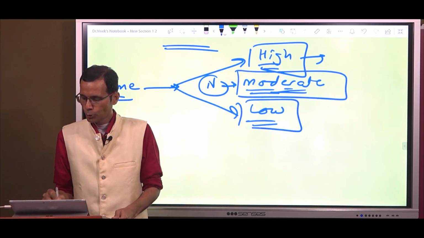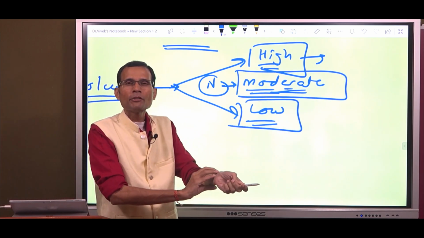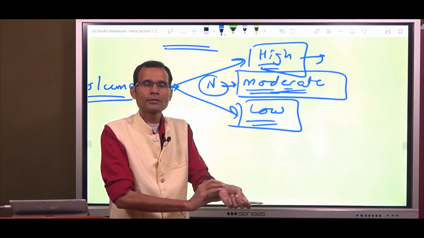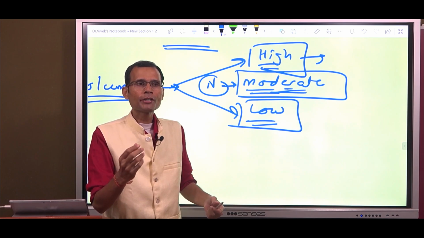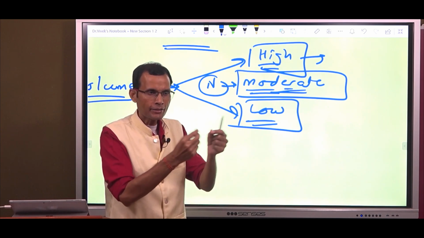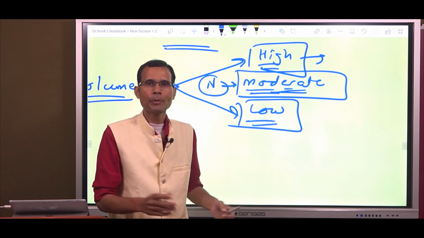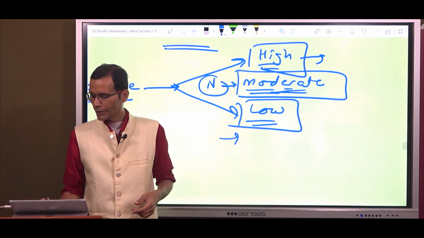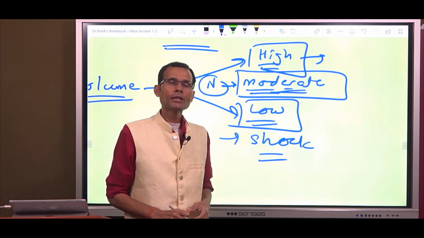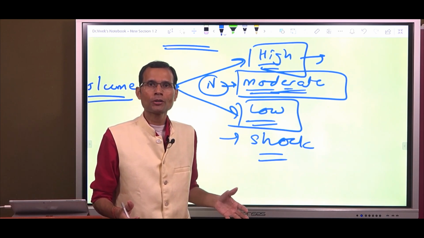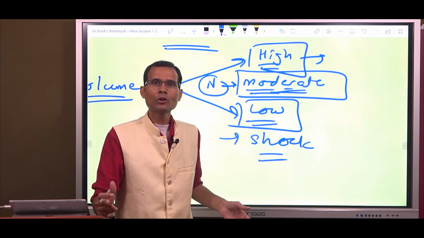On the other hand, low volume pulse: a very feeble, very weak pulse, barely palpable. You call it a thready pulse, like a thread, a very thin and weak pulse. This will happen in conditions of circulatory shock, particularly if it's a hemorrhagic shock and blood volume has been lost.